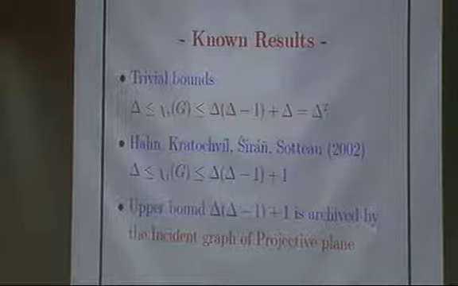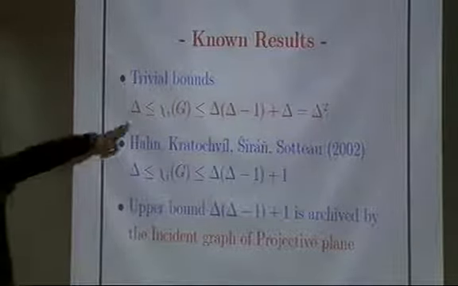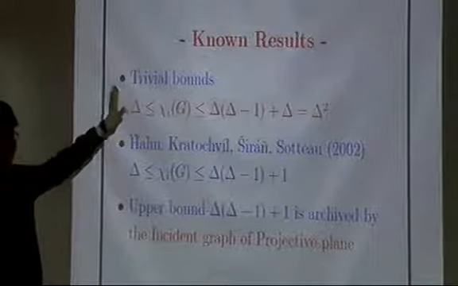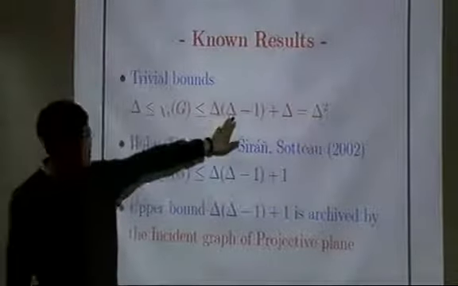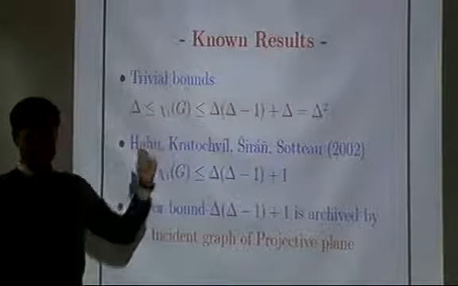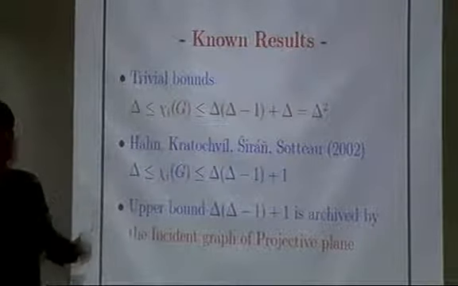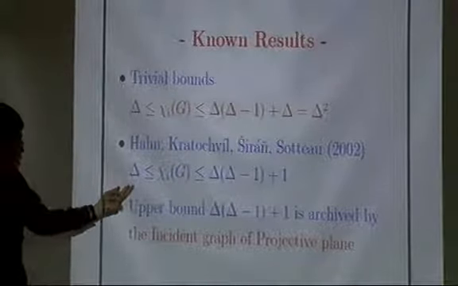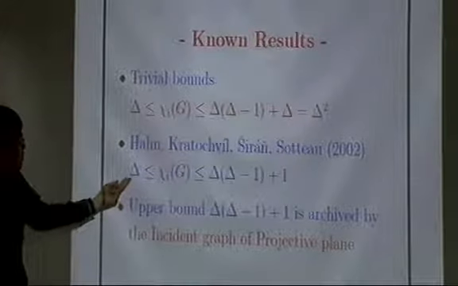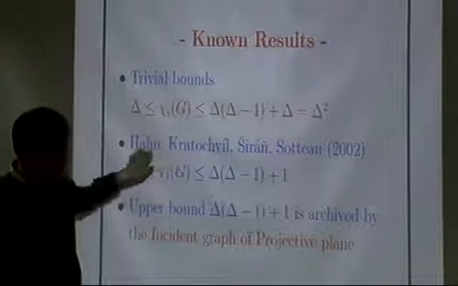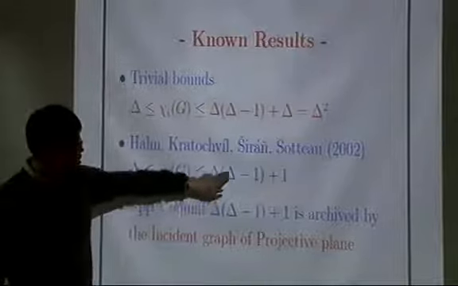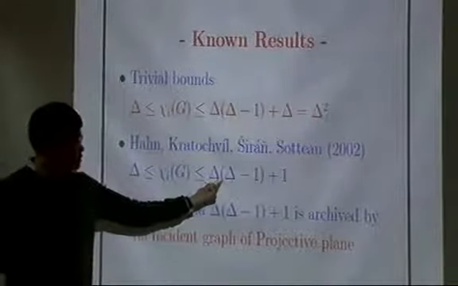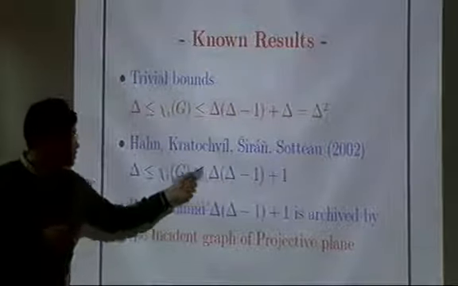So the trivial bounds: the lower bound is the maximum degree, as you can see from the first example, and the upper bound is simply the number of second neighbors. Then in 2002, these 4 people showed that we can reduce the upper bound by delta, actually delta minus 1.